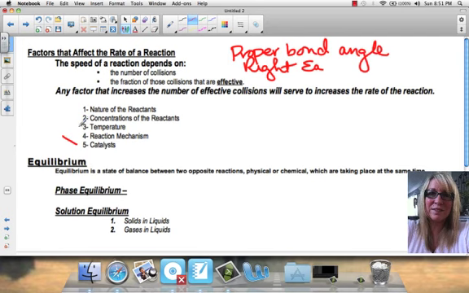The temperature, if we increase the temperature, it makes particles move faster, so they collide more. Concentration. If we have more particles per unit volume, so it's like a packed elevator, so to speak, then you increase the number of collisions. The nature of the reactants.